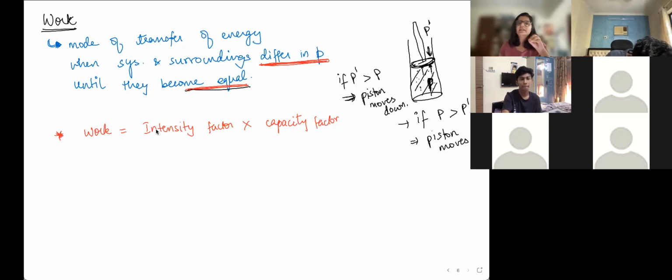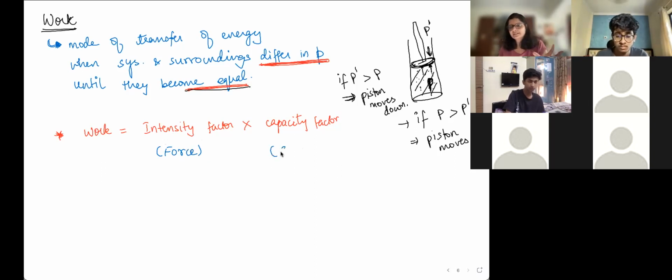Then the intensity factor is the potential and the capacity factor is the charge. Mechanically speaking, the intensity factor is the force, like how intensely you push, and the capacity factor is how much you pushed, the displacement. So this is for mechanical work. Electrical work will have something else, and the magnetic context something else, but in general, whenever you take an expression for work, it will always follow this pattern. It's a product of an intensity factor and a capacity factor.